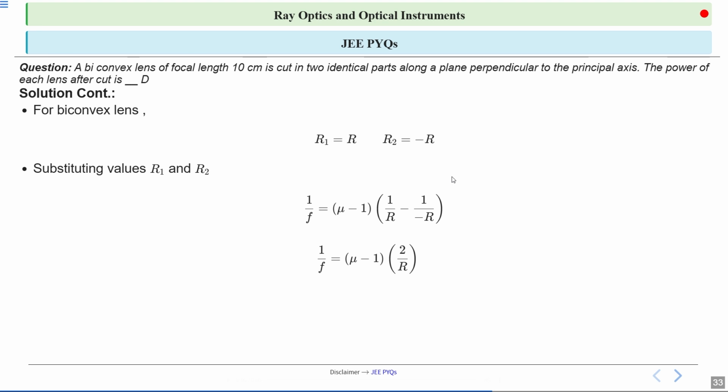This shows how the refractive index mu and the radius r influence the focal length. Notice how the factor of 2 comes into play due to the subtraction of the reciprocals. Now from the simplified equation, we can solve for the focal length f equals r upon 2 multiplied by mu minus 1. Mark it as first equation.